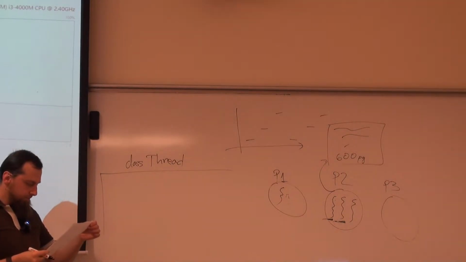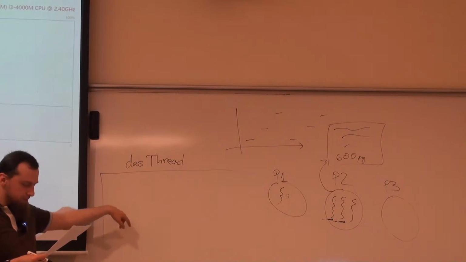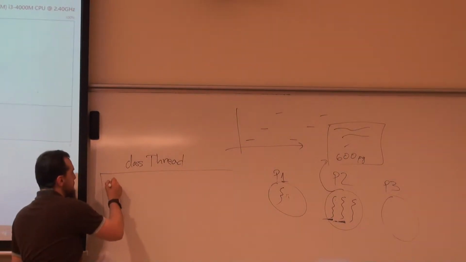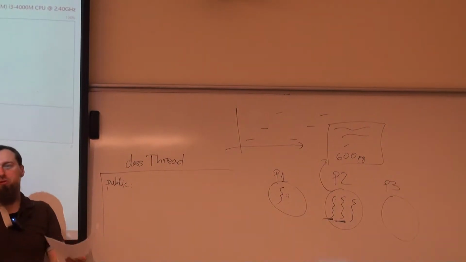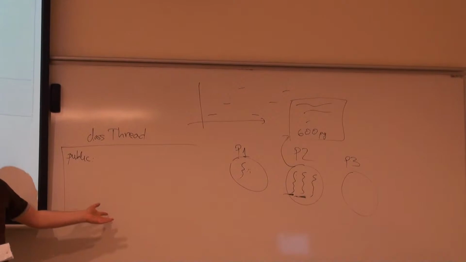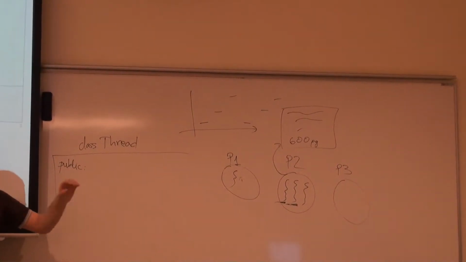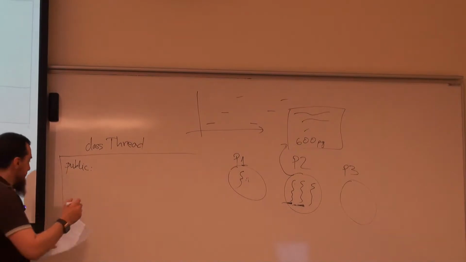Okay. They have private variables, public ones. So I'm going to show you some public methods, functions, which are the most important. Of course, it's a large class. But since we are beginners in terms of threads, I'm going to show you the most important ones. So, the first one is the constructor.